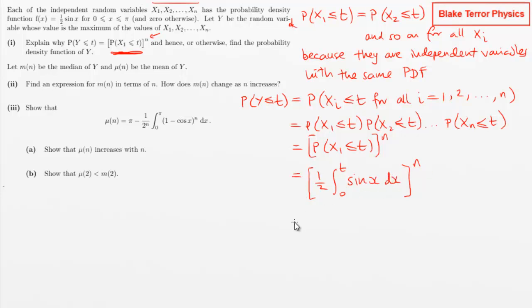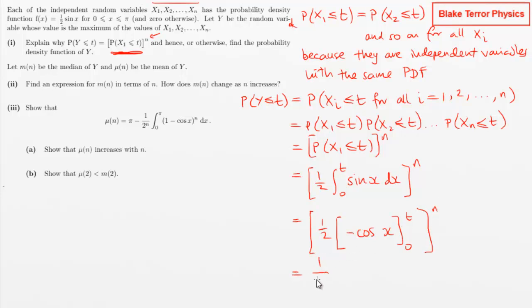So let's integrate this thing then. I'm going to have double square brackets on this, one for the integral and one for the power. So a half, this is going to integrate to minus cos x, between 0 and t, and then raise all of that to the power of n.